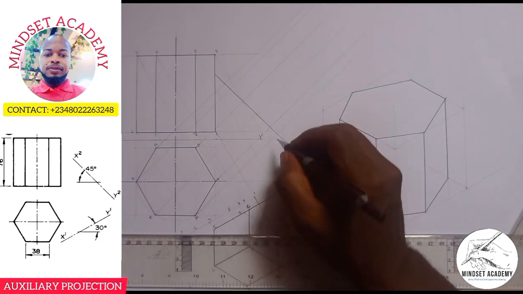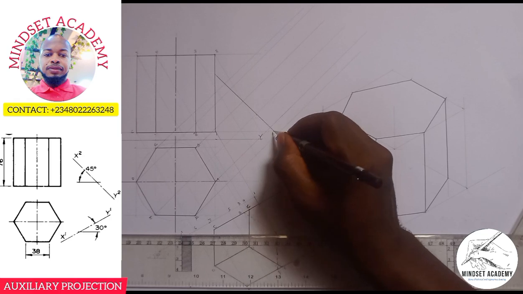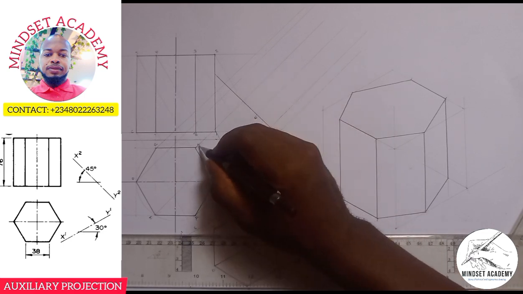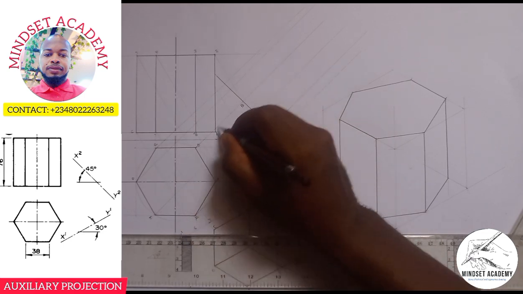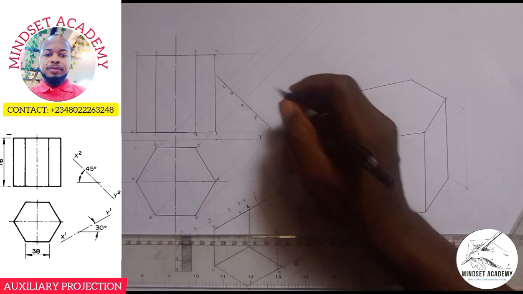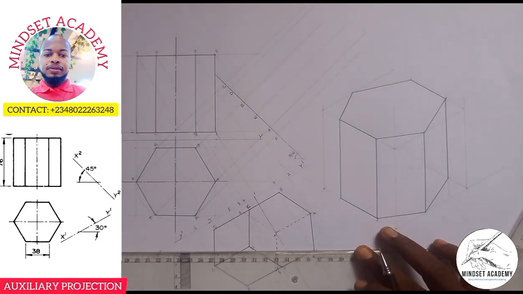So that means this is F, this is A, this is E, this is D, this is B, this line of B, this is the line of D, and this is the line of C. So just like what we have here.